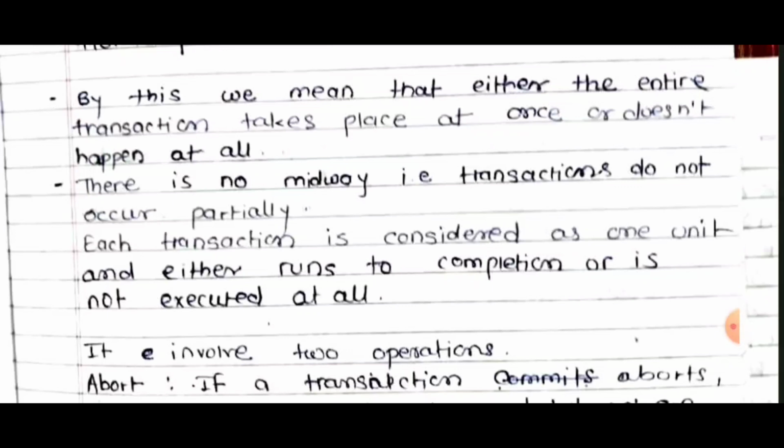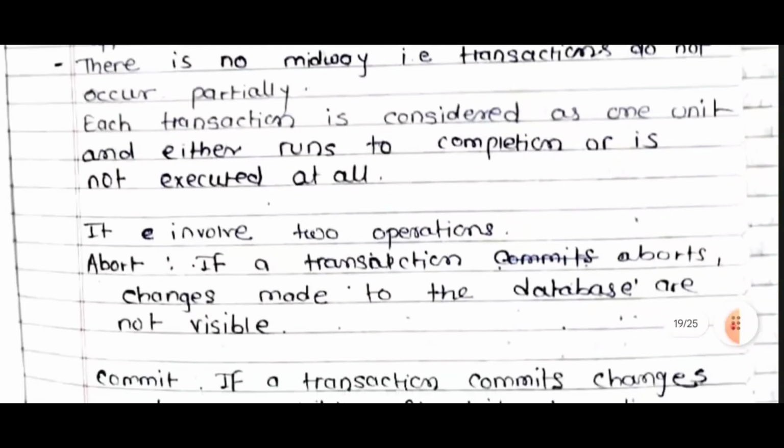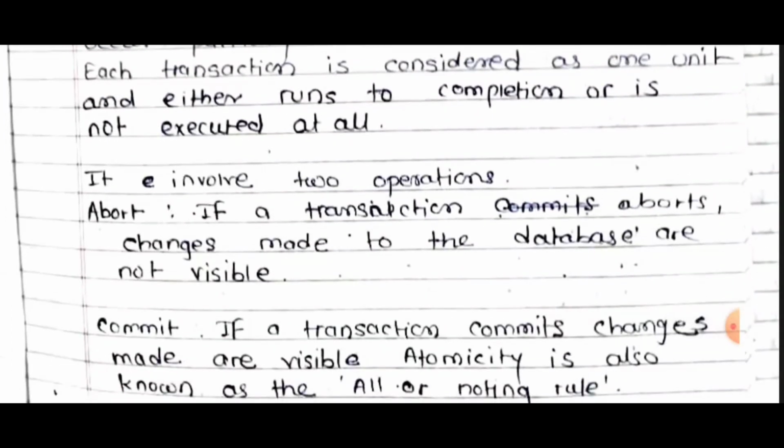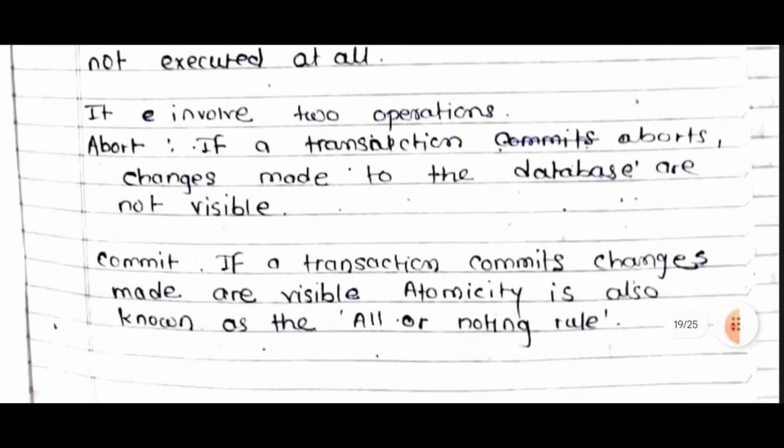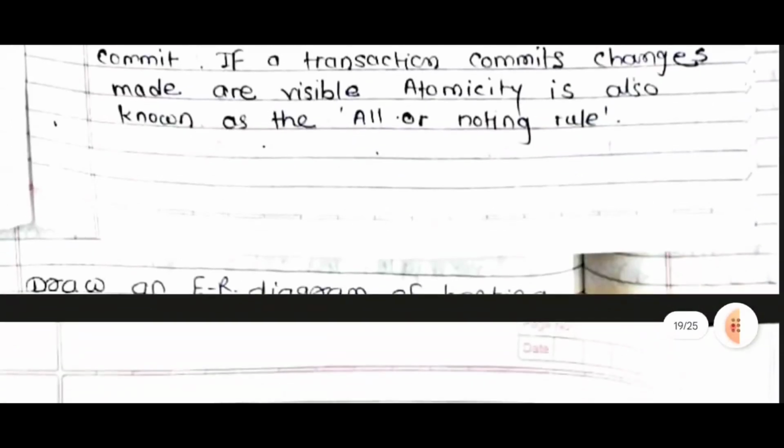Each transaction is considered as one unit and either runs to completion or is not executed at all. It involves two operations, abort and commit. Abort: if a transaction aborts, changes made to the database are not visible. Commit: if a transaction commits, changes made to the database are visible.